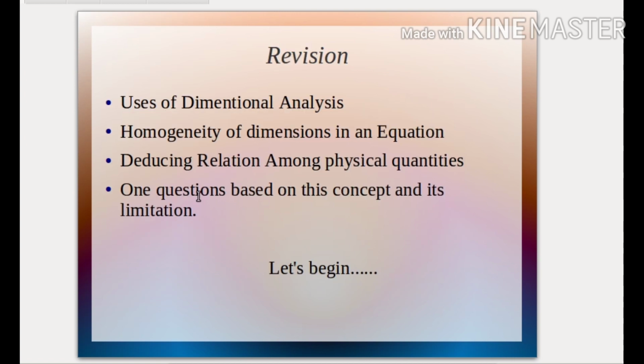So we have learned the uses of dimensional analysis. In this, homogeneity of dimensions in an equation means how to check whether an equation is correct dimensionally or not. Deducing relations among physical quantities when the quantity depends as a product on other quantities.